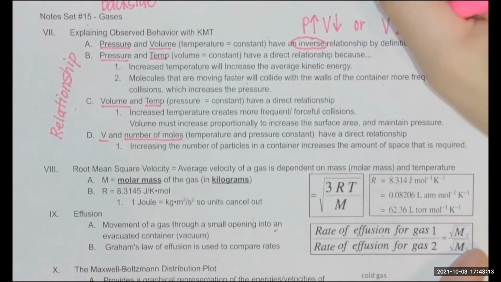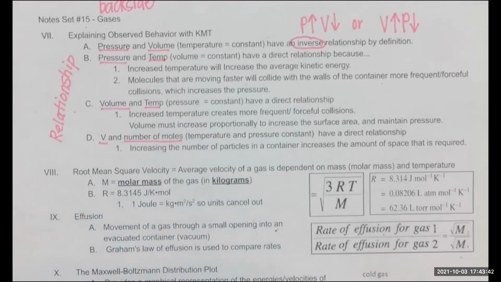If your volume got really large, then the pressure goes down. Think about this in terms of like if you are squishing a can of something. If you have an empty water bottle and you squish it, the volume is getting smaller, so the pressure inside is getting larger. They're inversely related.